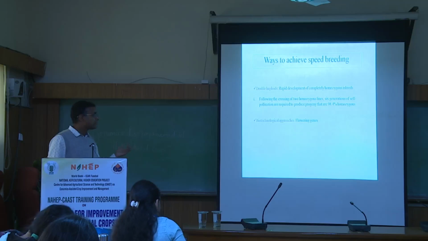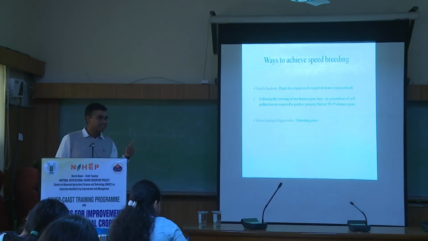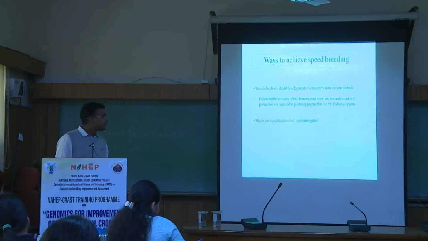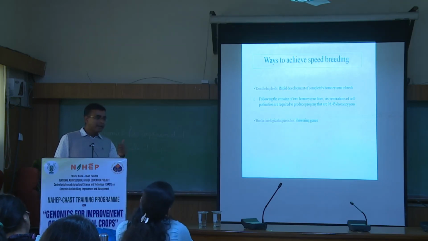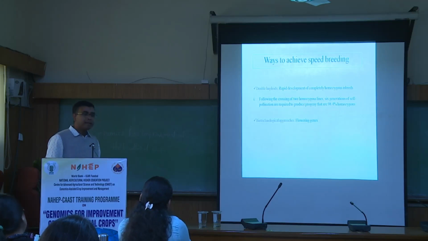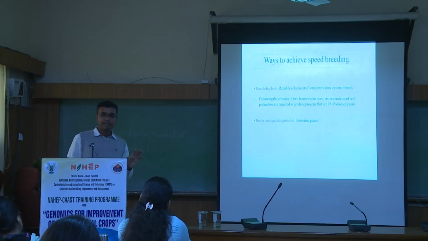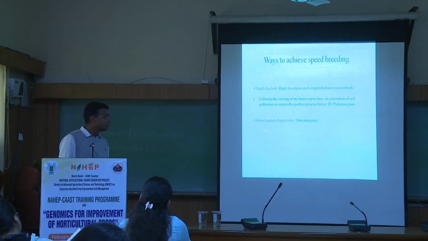You can use CRISPR-Cas gene editing so that the flowering time is reduced drastically. But that again involves some kind of genetic modification. Those genes can play a very important role in speed breeding, although it has not been done successfully till now. But in future, this technology is going to play a very important role in most crops.